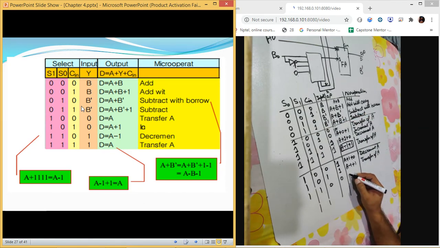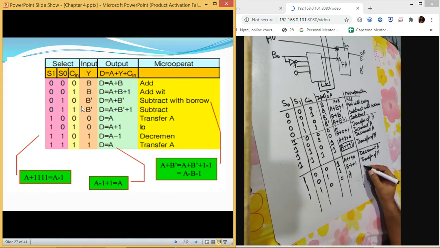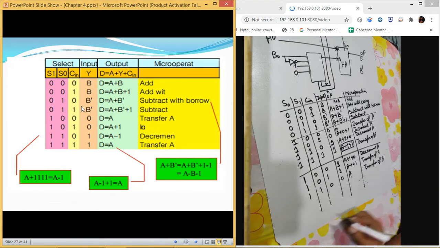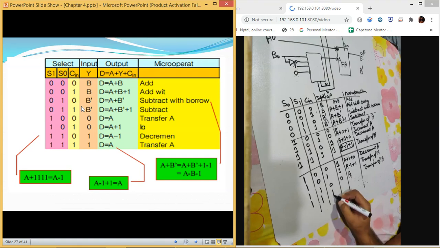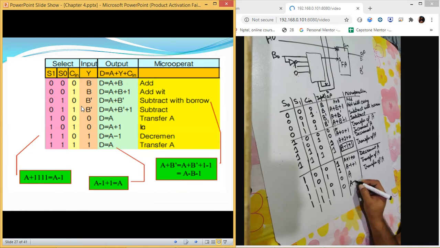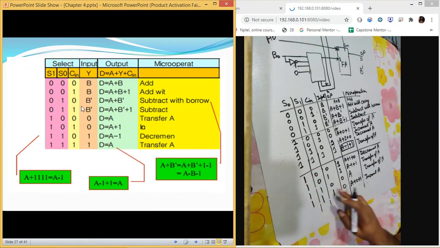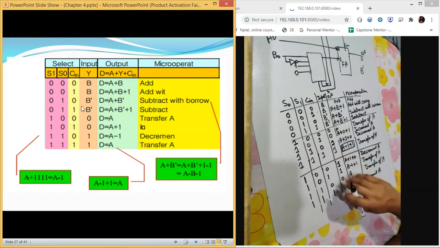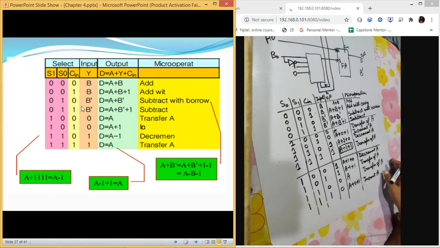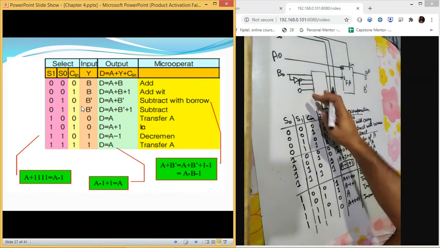So it is going to perform the function of A, which will be transfer of A. 1 1 1, and this value is 0, so it will perform A plus 0 plus 1, that is increment A. So only this part is going to change, the selection lines and all that stuff. Rest of the functions will just interchange. Everything else is going to remain in the circuit, so the circuit will remain as it is.